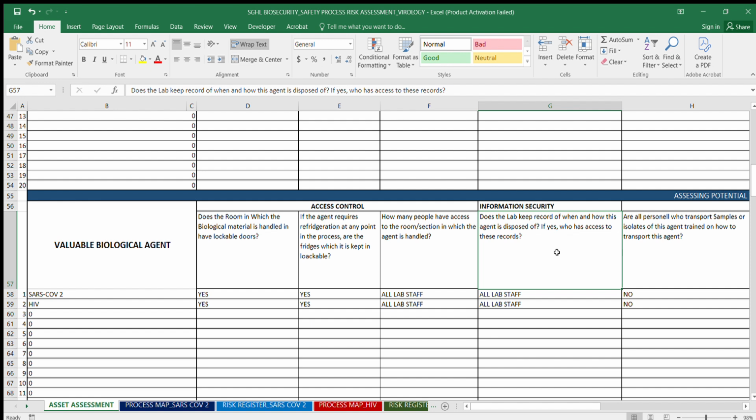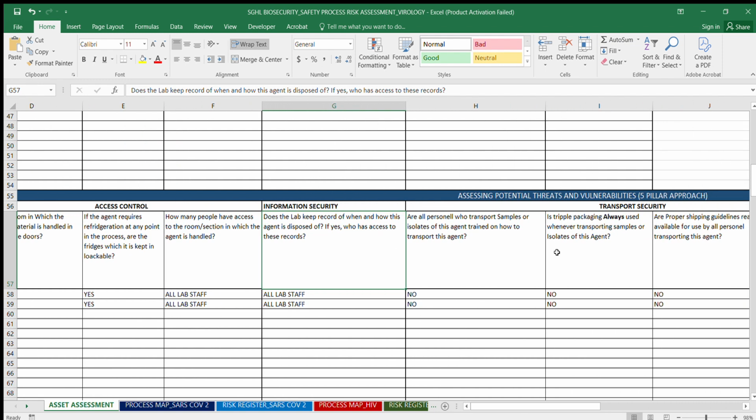So you want to limit people that have access to the disposal log, because if you find out that this was actually stolen, you would know who logged in on the disposal log that the sample was disposed of, and maybe it was just stolen and not disposed of.